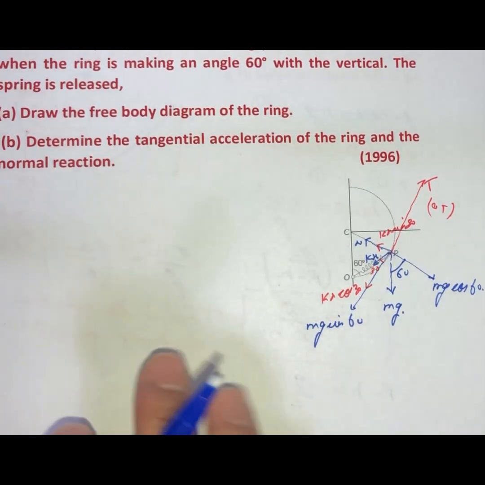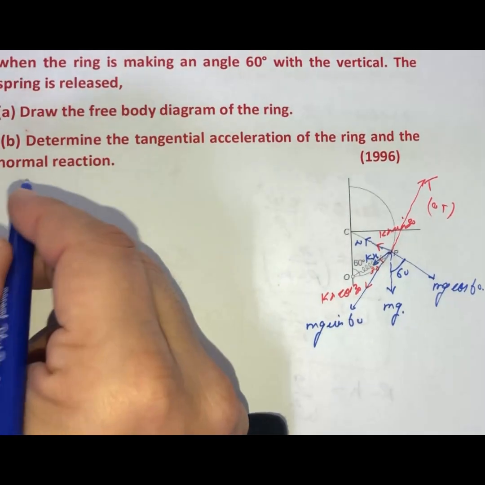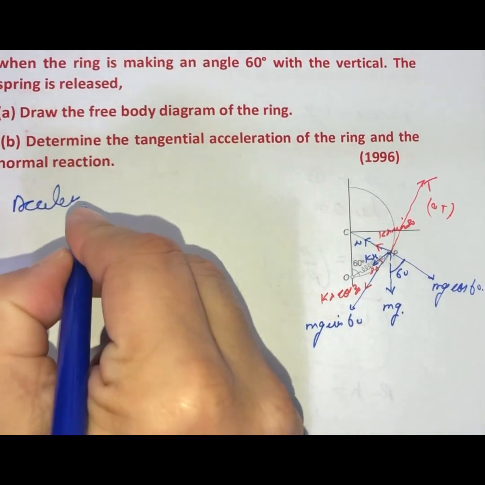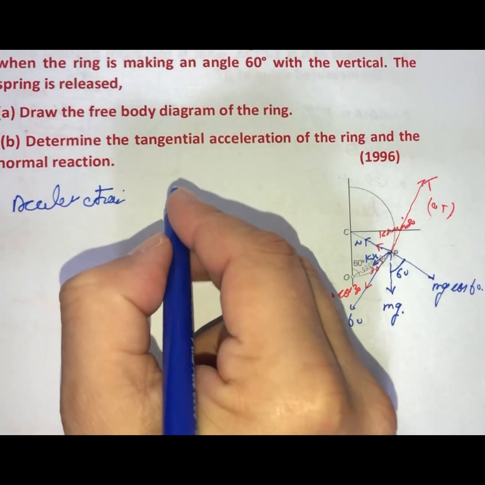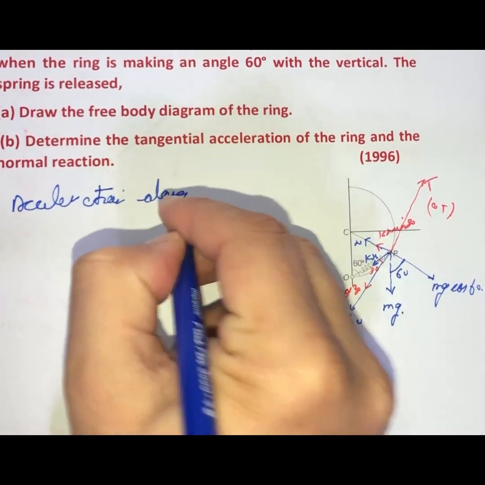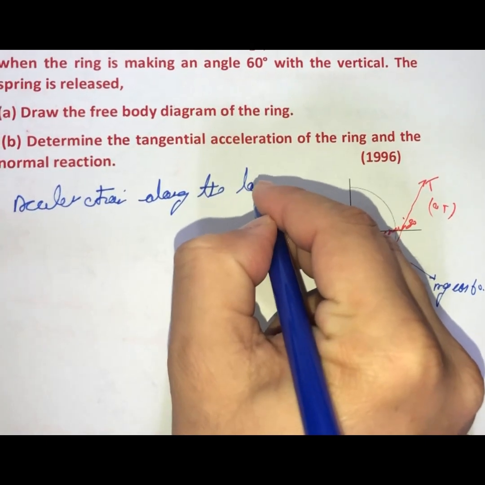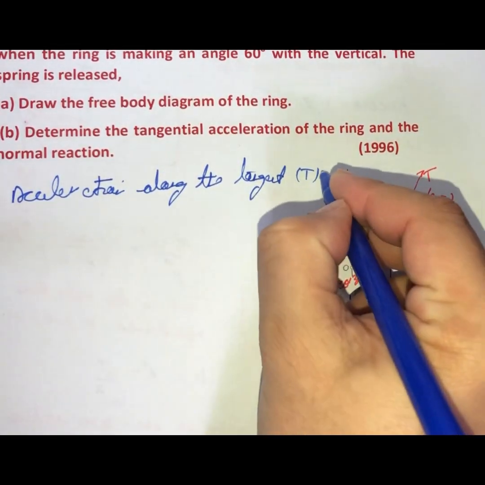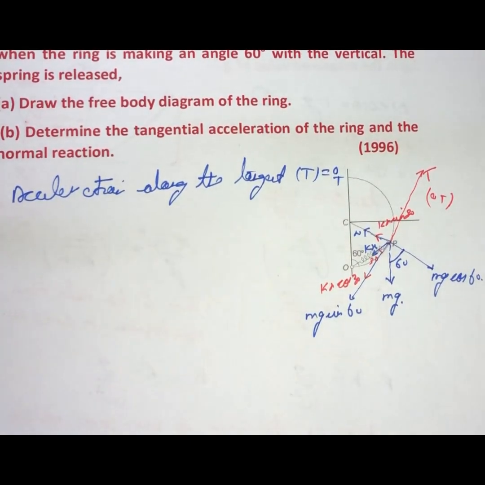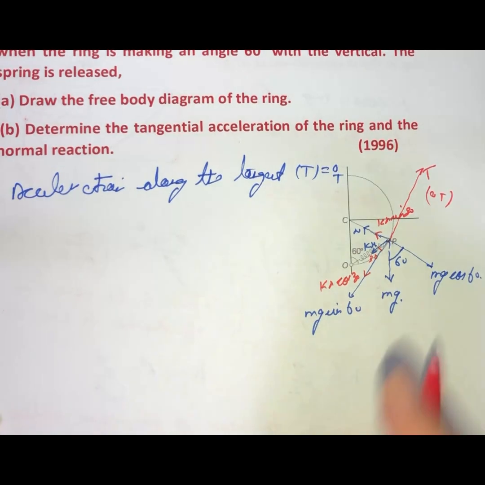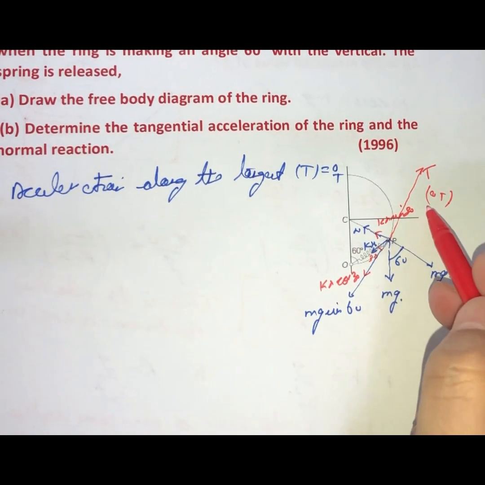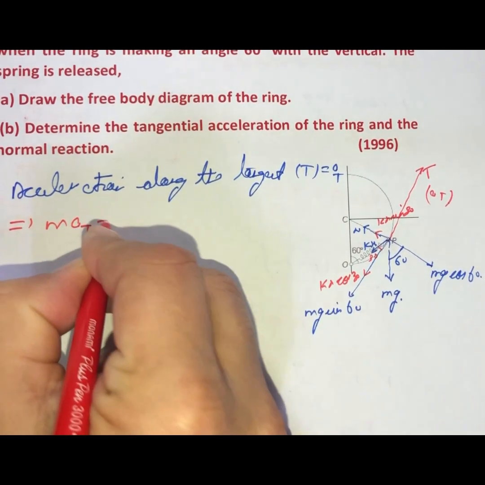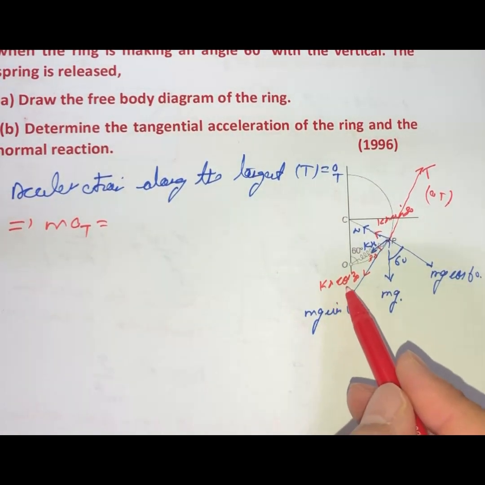Okay, so we can say acceleration along the tangent is a T. Therefore, we can say that mass into acceleration, m a T, will be equal to mg sine 60 plus kx cos of 30.